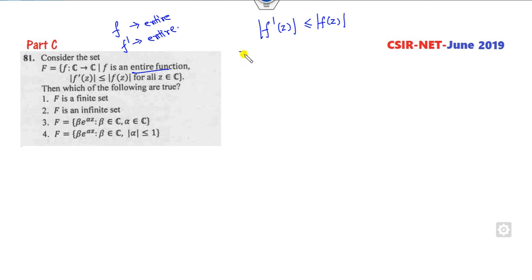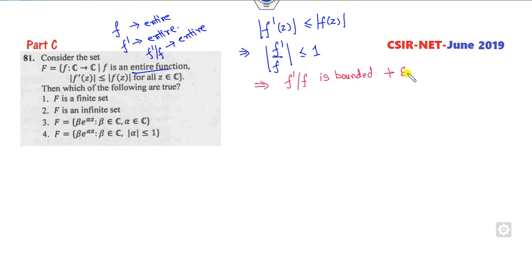Now if I take f dash over f, which is less than or equal to 1, then f dash over f is an entire function. From here we prove that f dash over f is bounded.